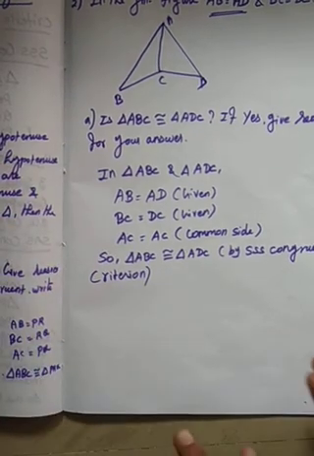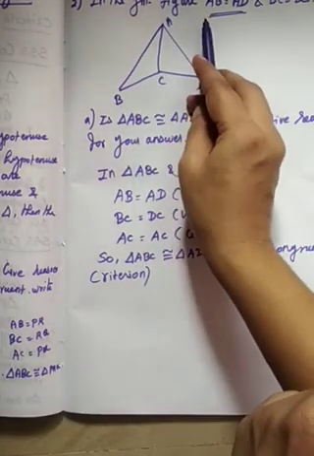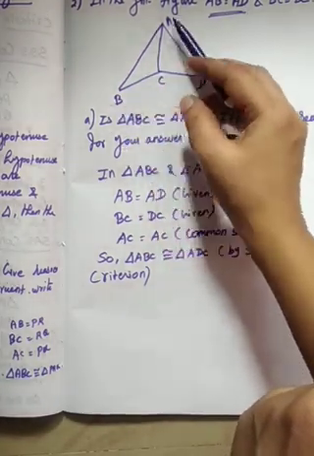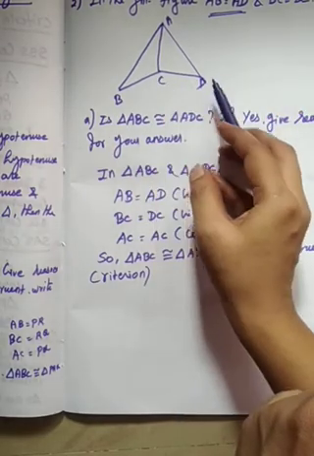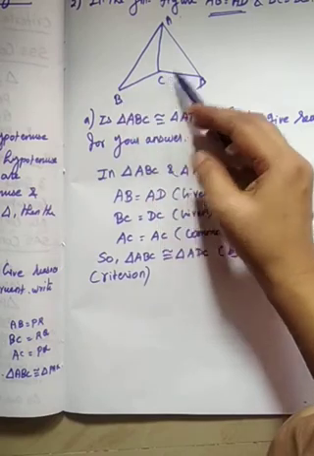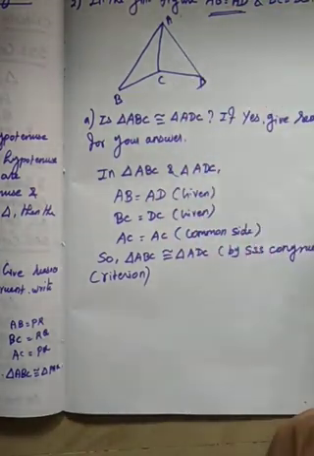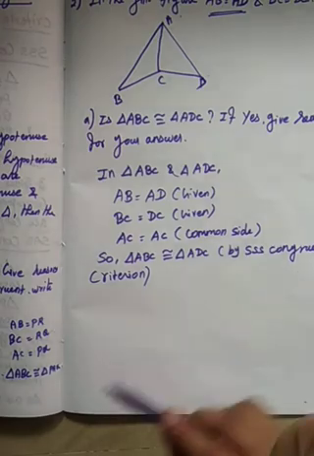Everybody clear? Okay. See here in the figure, AB equal to AD and then BC equal to DC. First you can find whether triangle ABC is congruent to triangle ADC. If yes, give reason for your answer.